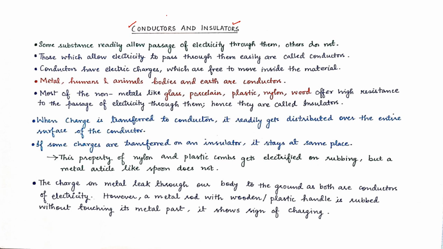So starting with point 1, some substances readily allow passage of electricity through them. Some are extremely ready to allow the passage of electricity through them and others do not. Those which allow electricity to pass through them easily are called conductors.